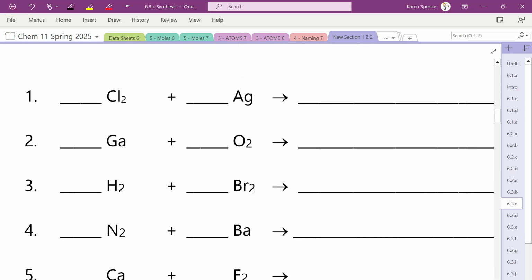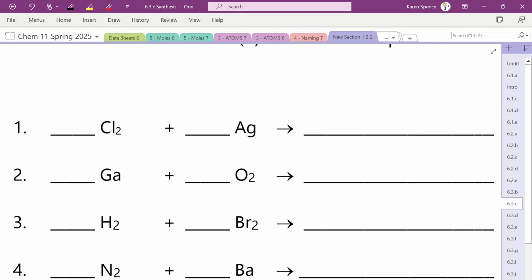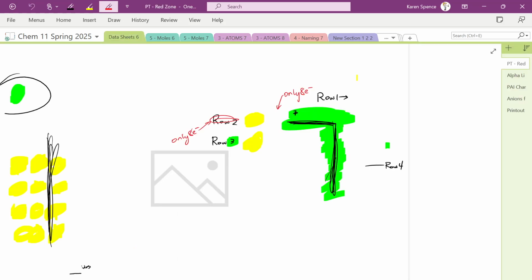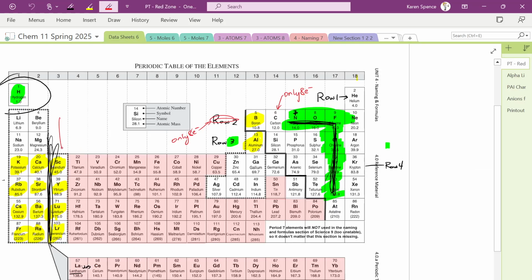Shall we try another one? Let's do scandium and P. Who is the metal? Scandium is the metal. It is in column 3. Okay, so it has a charge of +3.